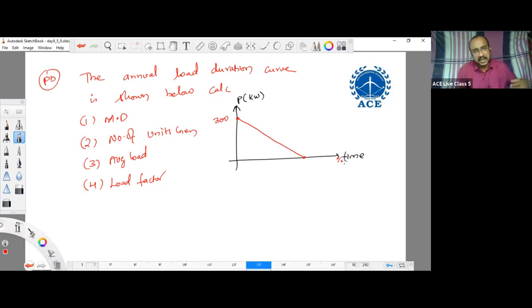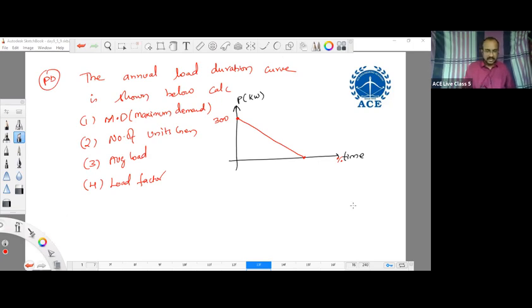So try to calculate all the values: maximum demand, number of units generated, average load, load factor.